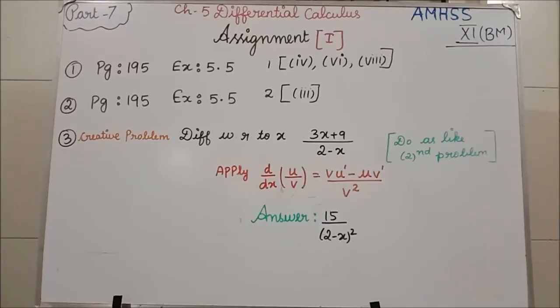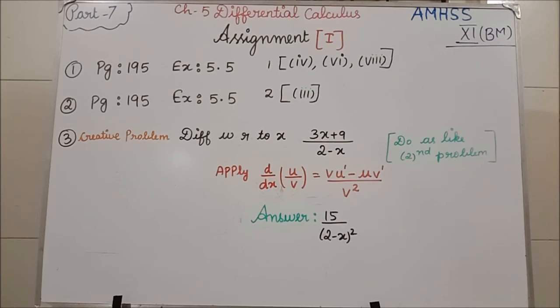Students, the third problem and fourth problem we will see in the next session. Now this session is going to finish. Now this is your assignment. Totally you are going to do 5 problems as homework. I have written the page number and exercise: in the first question, the fourth problem, sixth problem, and eighth problem we have left when I am doing, isn't it?